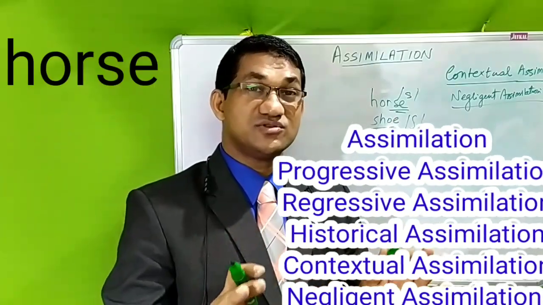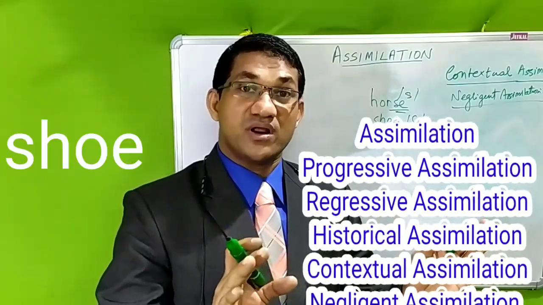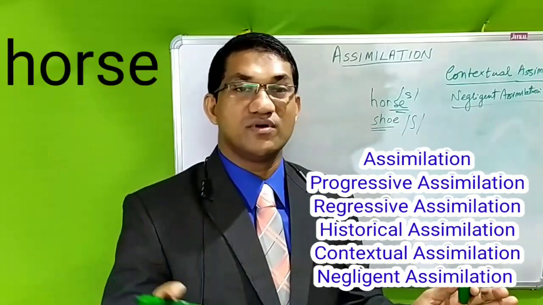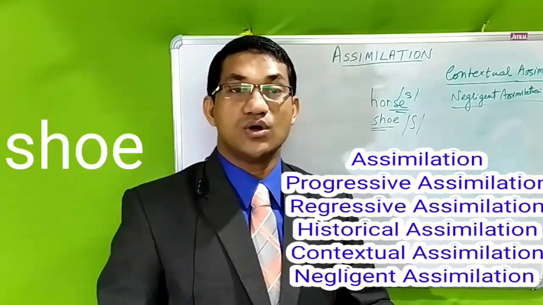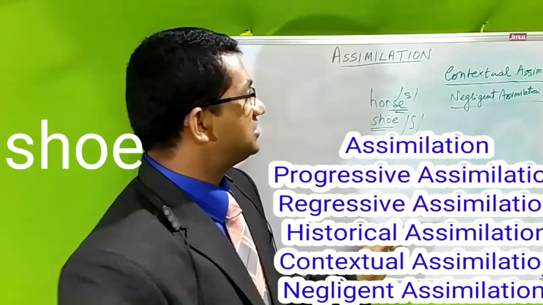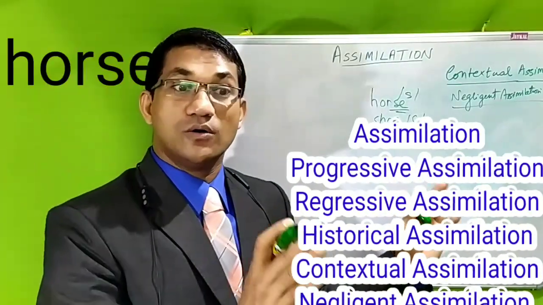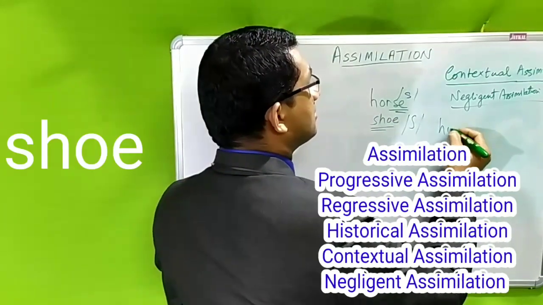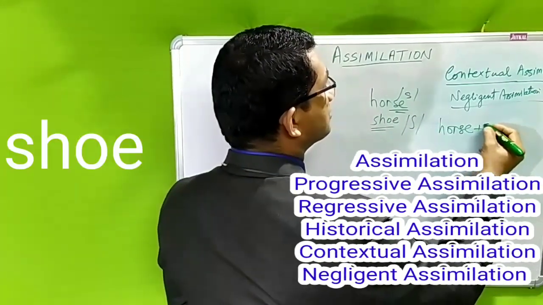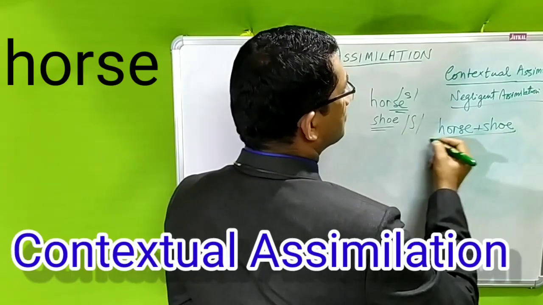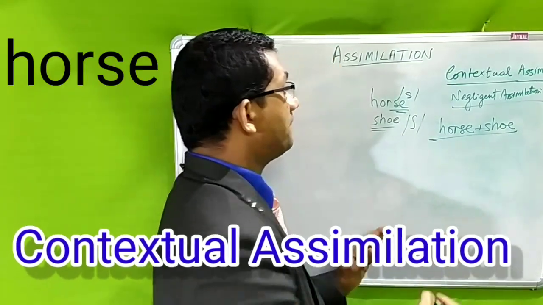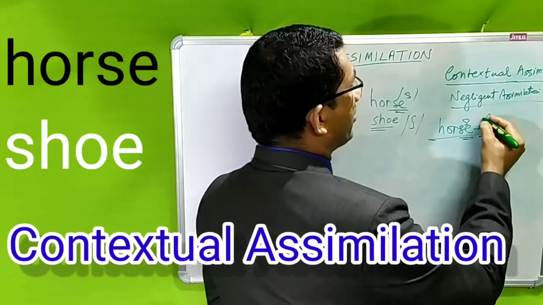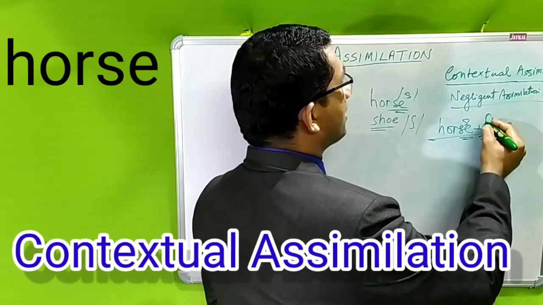That is two different locations on the roof of the mouth, and it is difficult. So in this particular context of horseshoe, a compound word, horse plus shoe, the s and sh have to undergo some change.